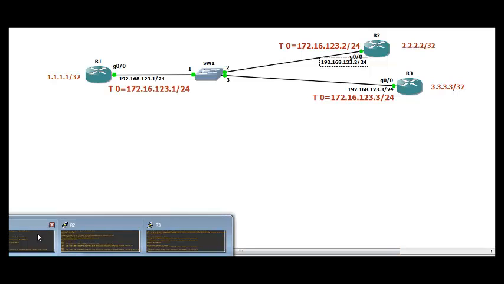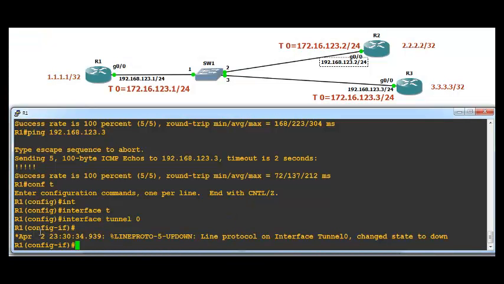So yeah, what's your doubt? Now the question is, do we need to have routing between router 2 and router 3? Yes, you should have routing between router 2 and router 3. The reason is, after router 2 and router 3 learn each other from R1, they need to negotiate and form a dynamic tunnel between them.